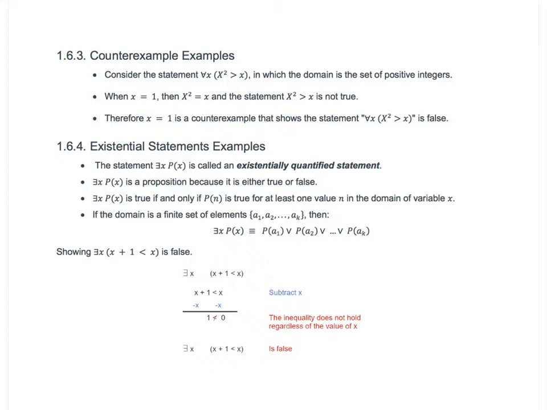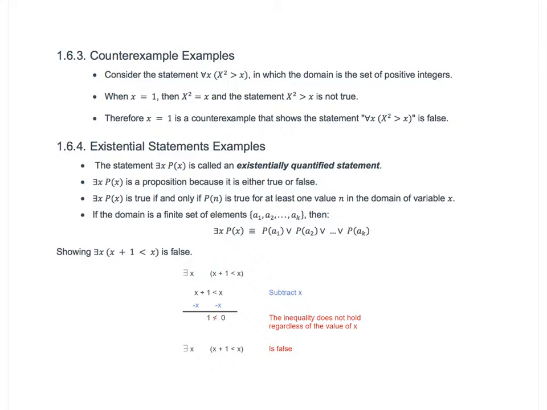In order to show that, for example, the existentially quantified statement "there exists an x such that x plus 1 is less than x" is false, what we can do is assume that that inequality is true, and then try to reach an inequality that is impossible to be true.